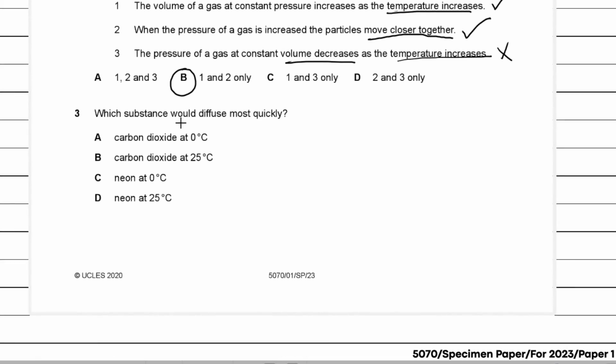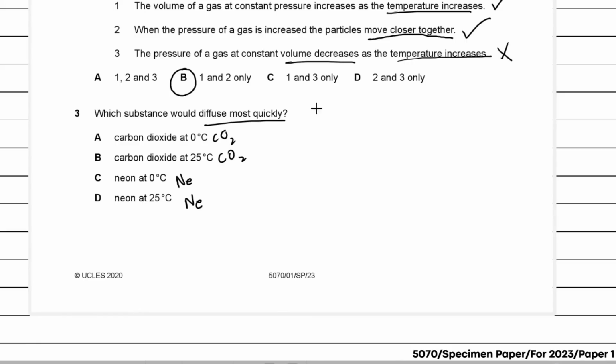Let's go ahead and take a look at the next question. Which substance would diffuse more quickly? Alright, so we have carbon dioxide, so let's write CO2, and neon, Ne. First of all, diffusion depends on two factors.